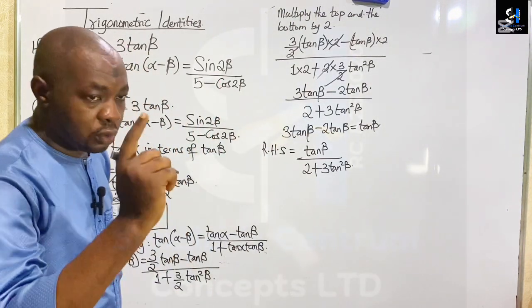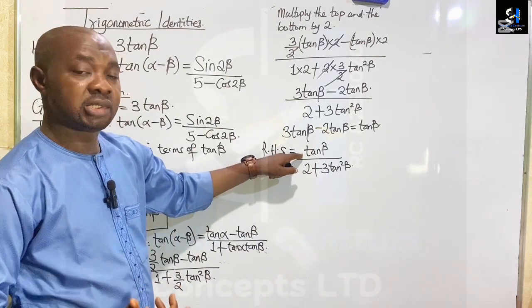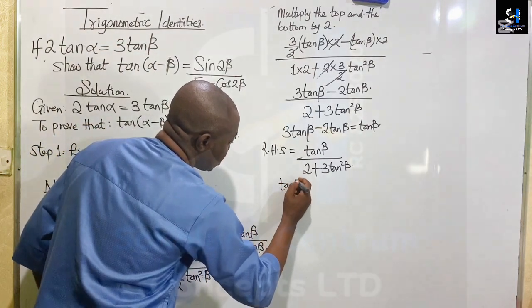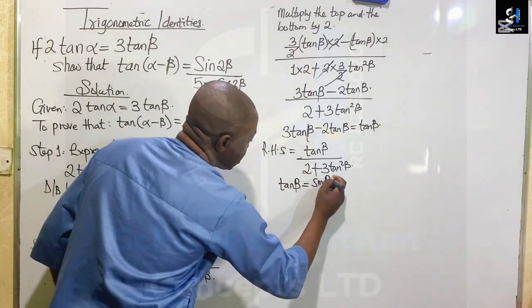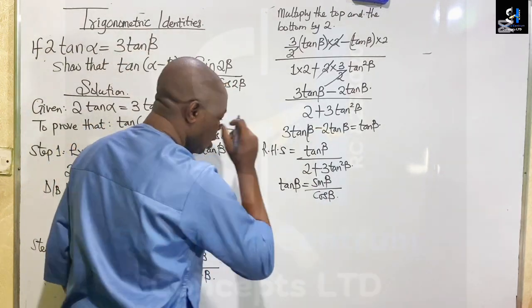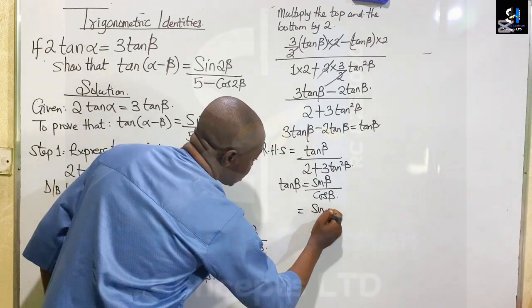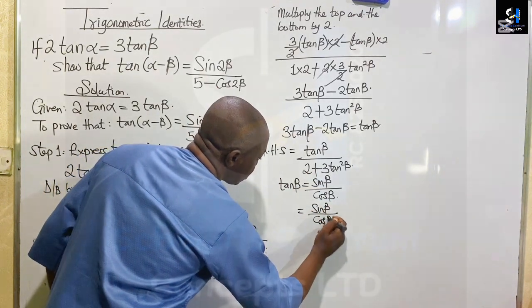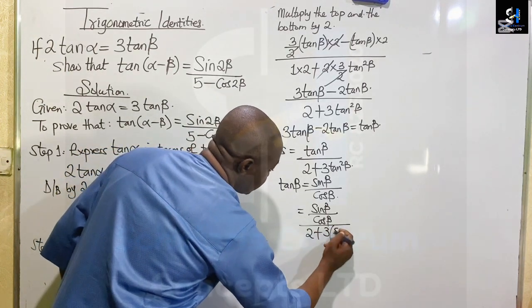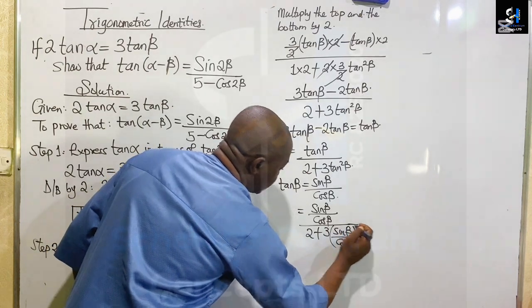Also let's not forget that tan beta can be expressed as sine beta over cos beta. If we put that in this expression, we have sine beta over cos beta, all over 2 plus sine beta over cos beta raised to the power of 2.